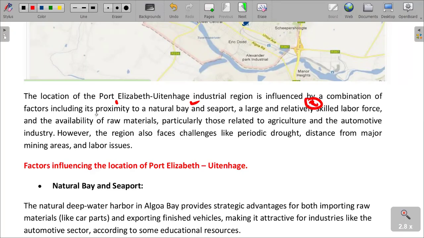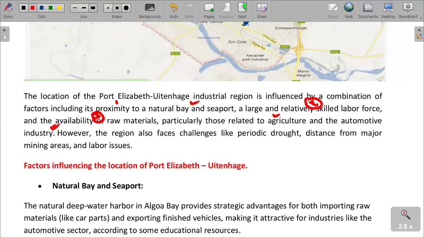Third, availability of raw materials, particularly agricultural produce. And the automotive industry is one of the main industries running in Port Elizabeth.